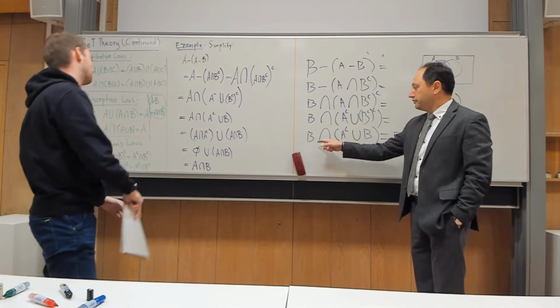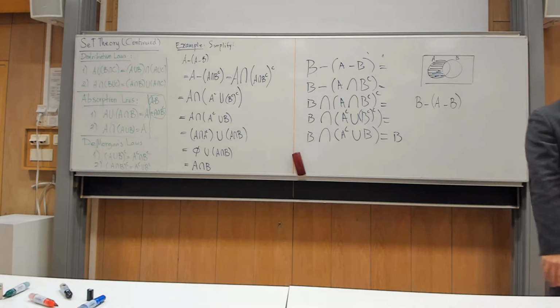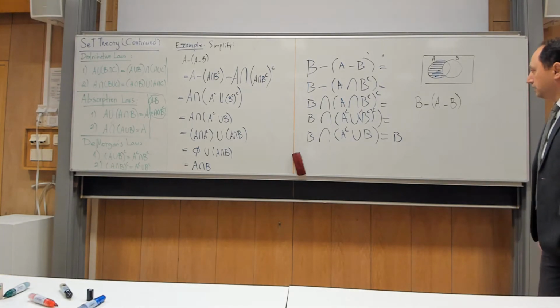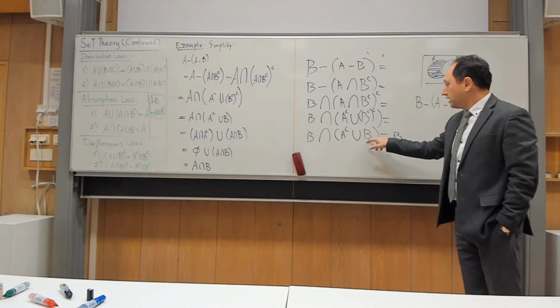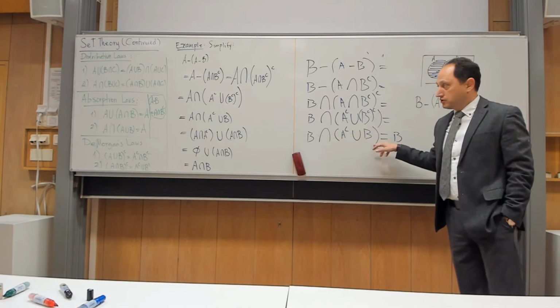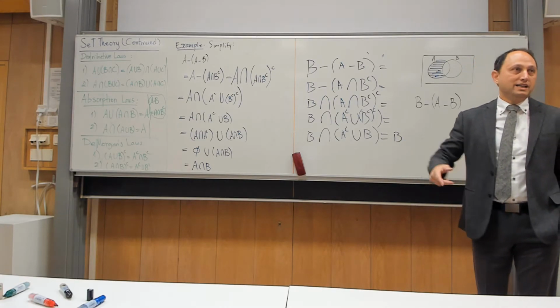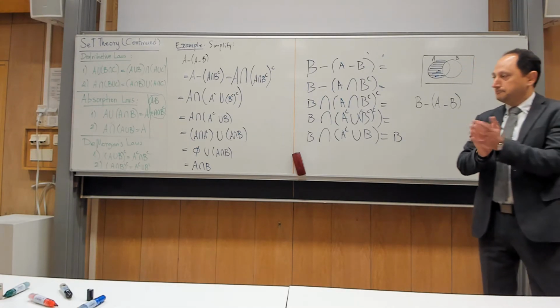But be careful, if you want to use distributive law, that would be a circular argument. It doesn't give you something interesting, okay? But immediately you realize one set is identically repeated. So this would be absorption law, so the answer would be just B as we predicted. Yes, thank you very much.